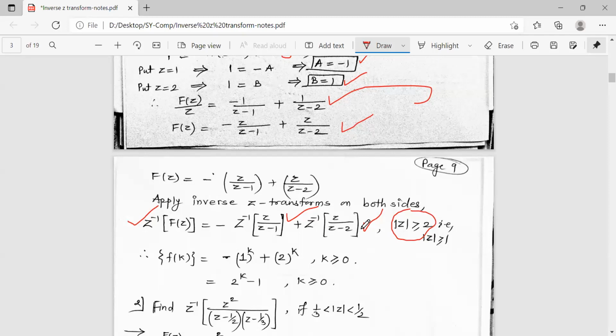So let us see another example. I'll share my pad and we'll do it on that.